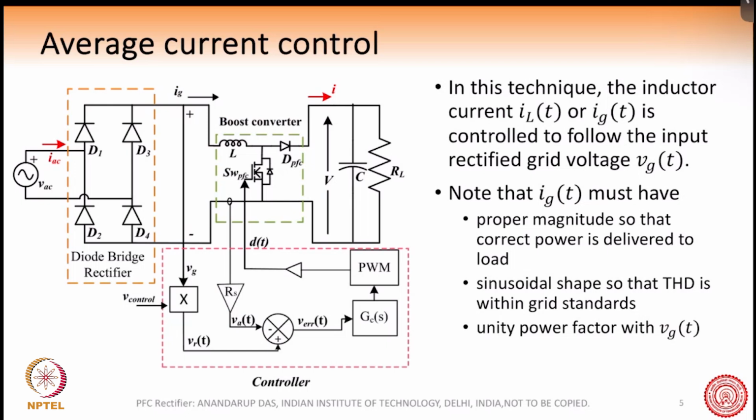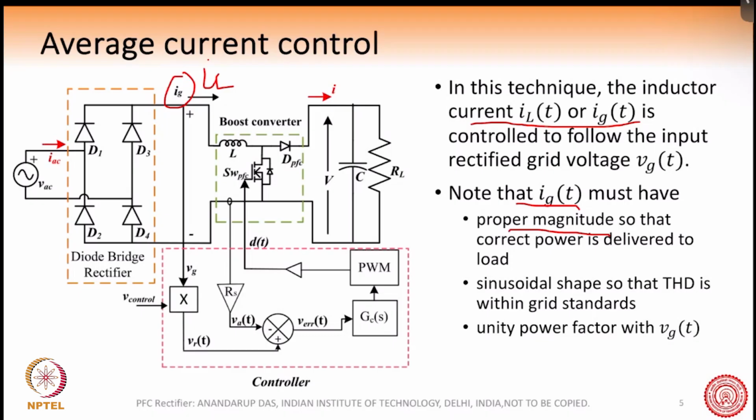Now, let us see what this average current control looks like. In this technique, the inductor current, IGT or IL, whatever you call it, is controlled. What is our target? Of course, we are trying to follow the input rectified voltage, but the target for IGT must have a proper magnitude so that the correct power is delivered to the load.